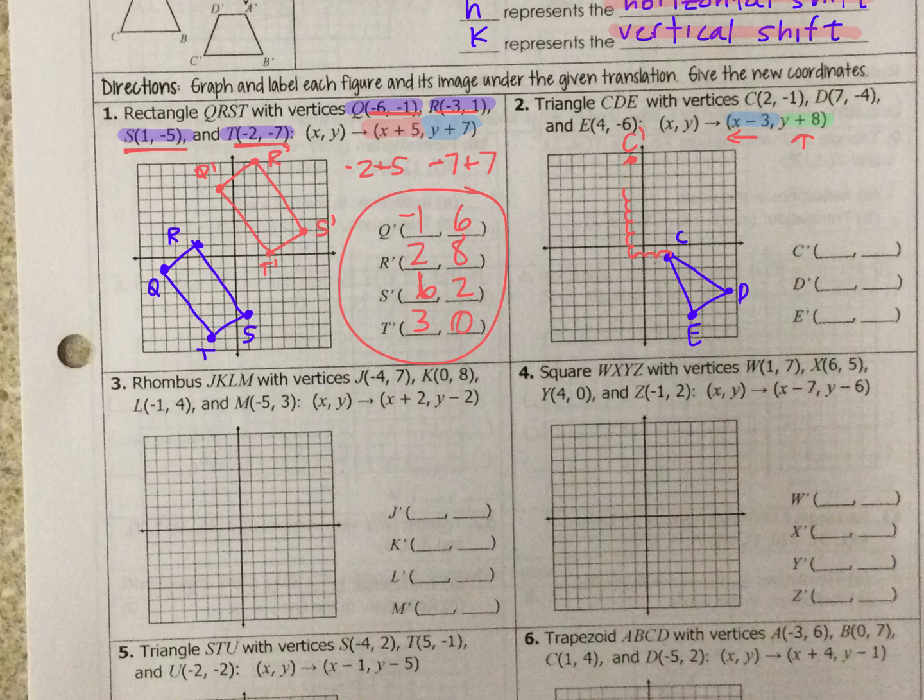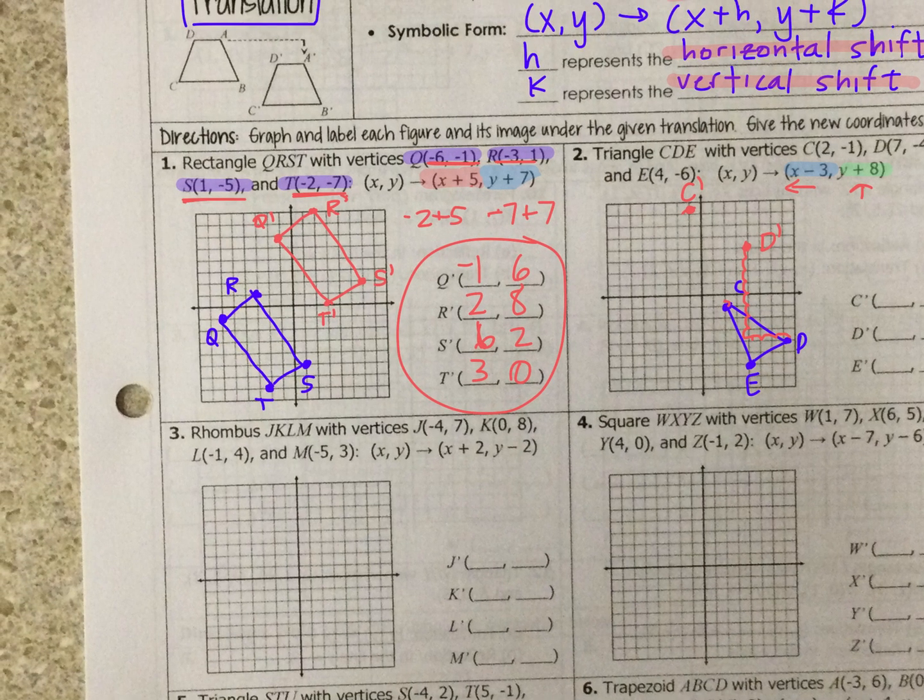So let me erase those marks. Okay, now I do the exact same thing from D. I'm going to go to the left 3, 1, 2, 3. And then I'm going to go up 8. 1, 2, 3, 4, 5, 6, 7, 8. That's my D prime.